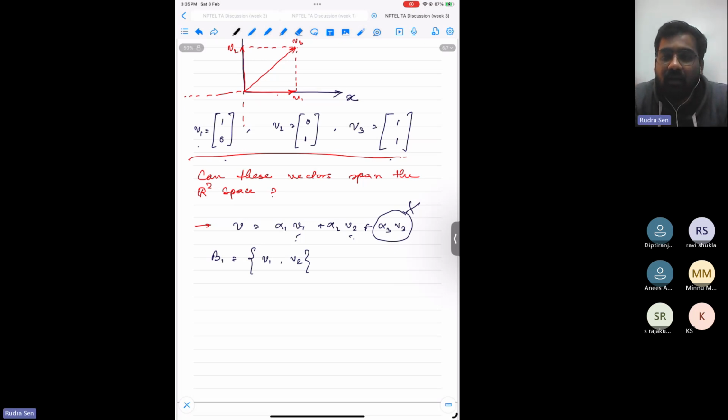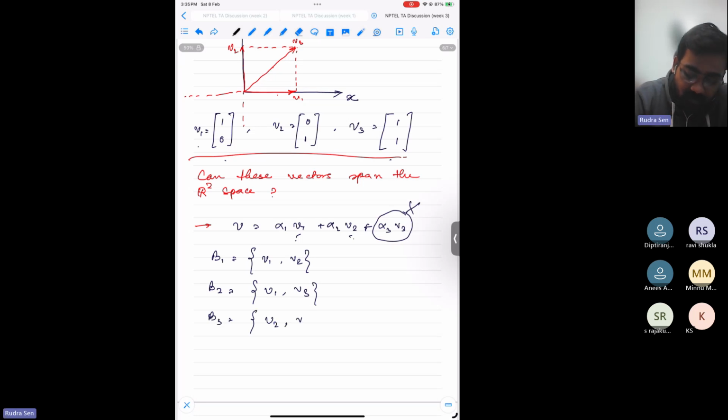This is basically the most common basis for R2 space, right? So you can consider the basis as V1 and V3. You can consider the basis as V2 and V3. As long as the vectors are linearly independent and they can span the space, those vectors can be considered a basis.